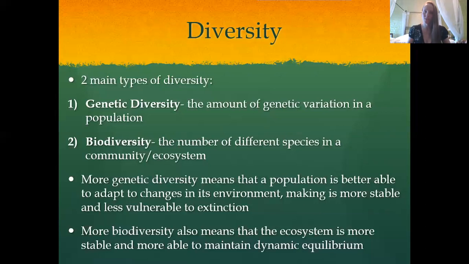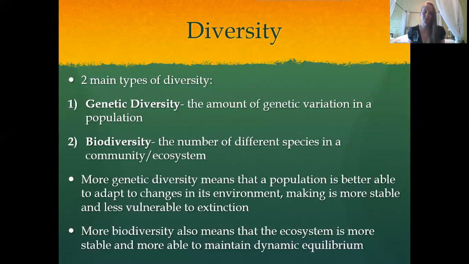You would want to have those differences present in your population. That makes for a healthier population. And it's the same for plant and animal populations. You want lots of differences, lots of genetic diversity. It makes your population healthier.